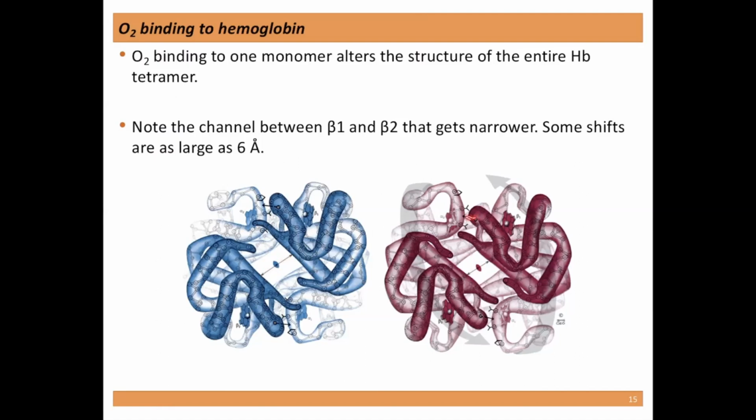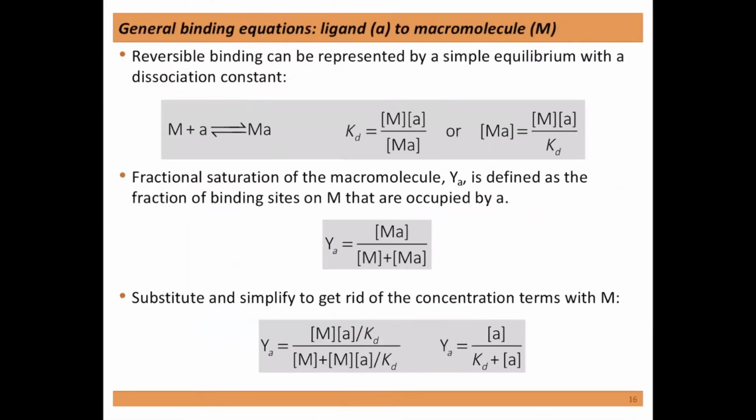If you notice, this side chain's kind of tucked in between these two valines, and up here it actually moves significantly. So some of the movements are up to 6 angstroms. So there's a lot going on when you bind to hemoglobin, so we need to talk about that a little bit more in depth later.